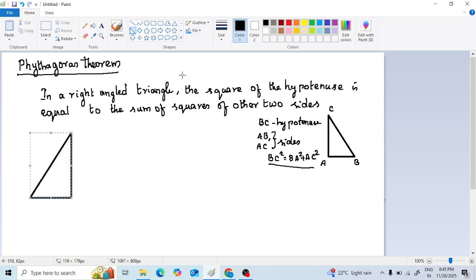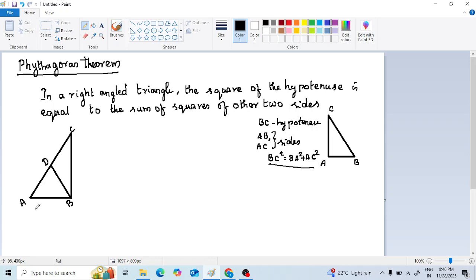Now I draw a line like this, and let the line meet the center of the given triangle. Now I name the corners as A, B and C. Now I name this point as D.